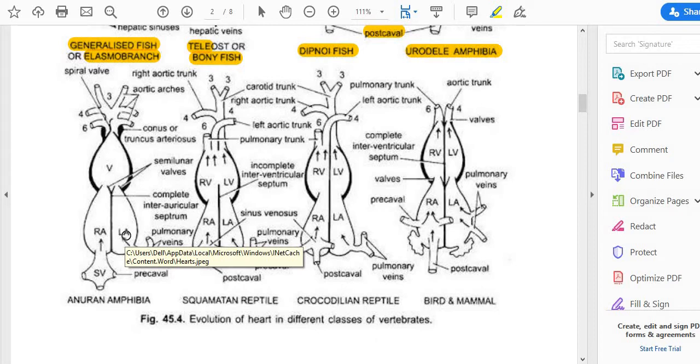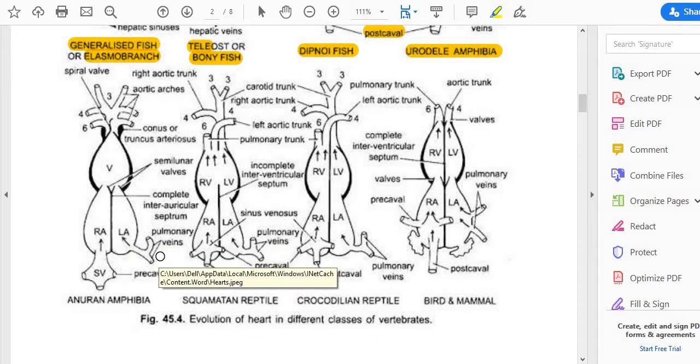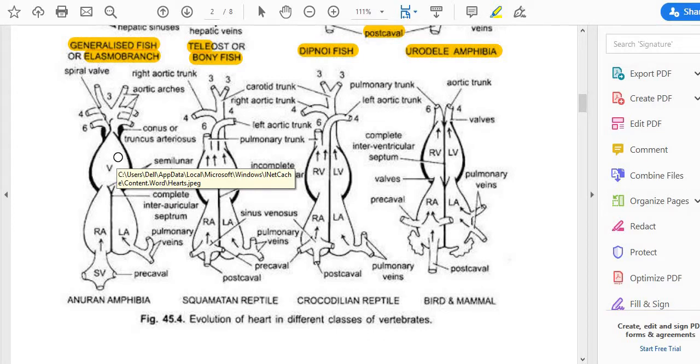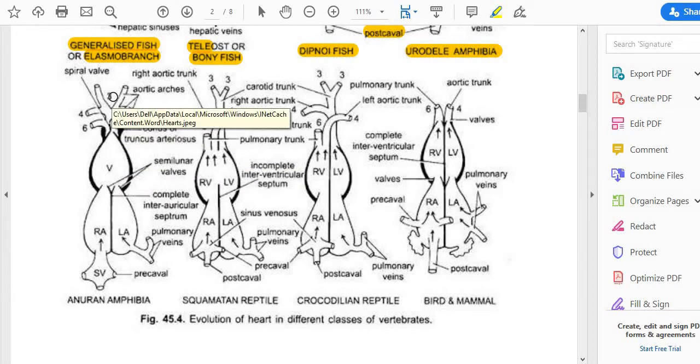This pure blood enters the left auricle through the pulmonary veins. From the left auricle, the blood flows inside the ventricle, and from the ventricle it goes to the other parts of the body through vessels.